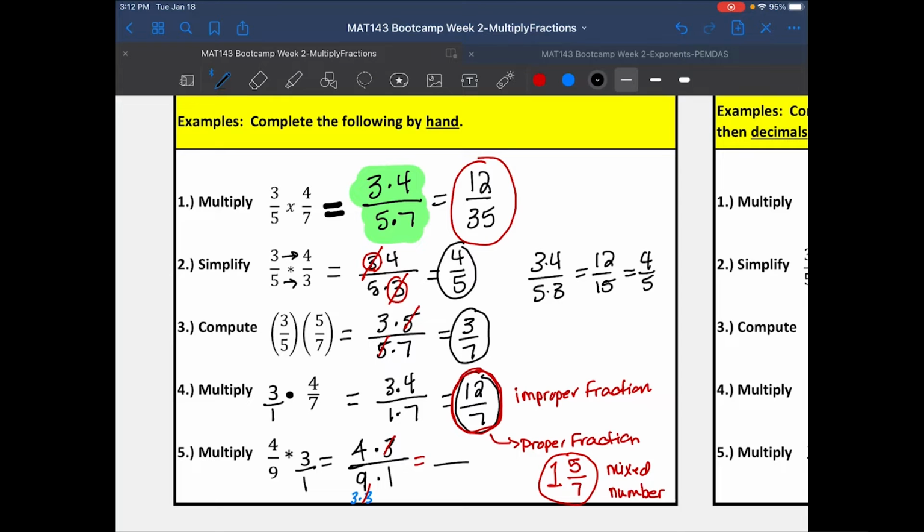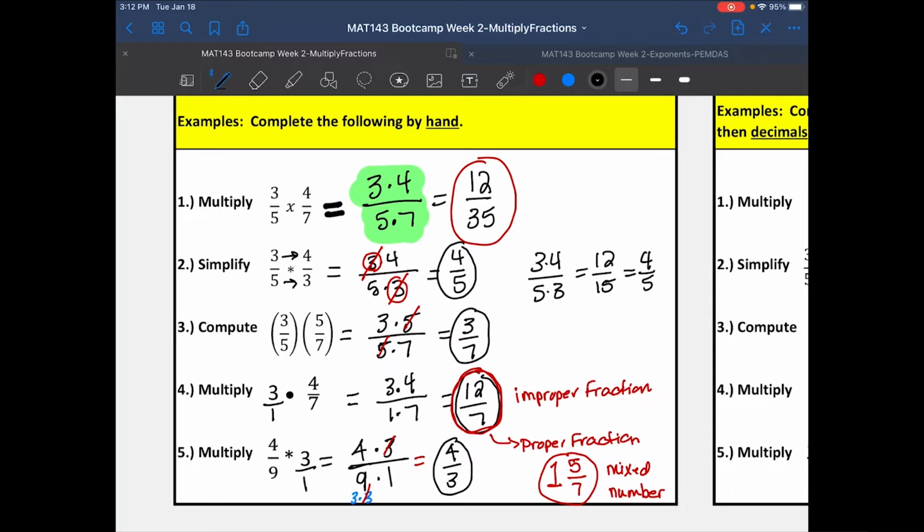Now, when I do that, that leaves a 4 in my numerator and a 3 times 1 in my denominator, or just 3. So we're left with 4/3. So this is how we multiply fractions.